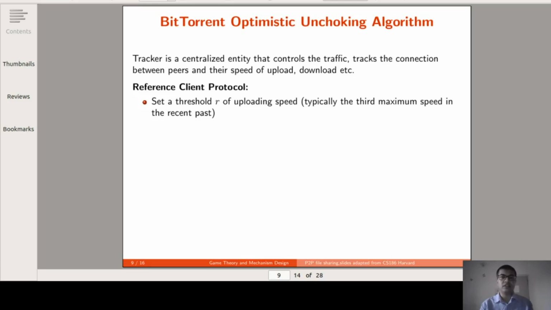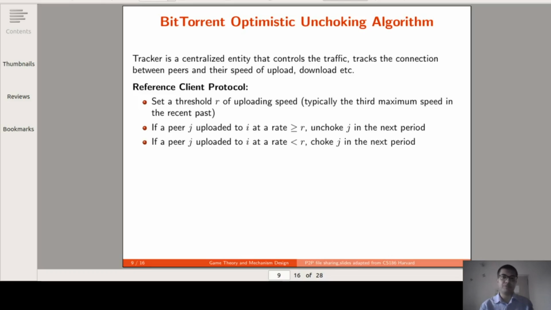Now, if a peer J is uploading to some other peer I at a rate more than that threshold level, then this reference client will unchoke J, so it will allow that peer to download content from other peers.